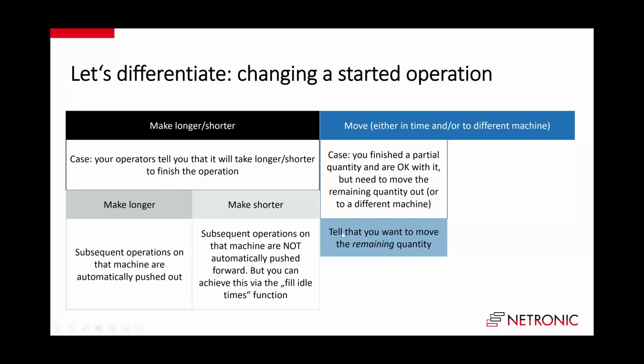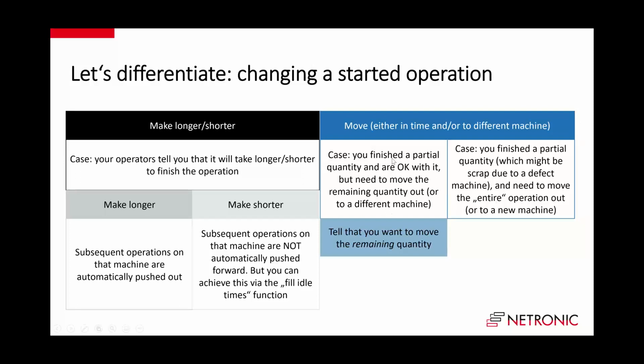In that case, we need to tell the software that we want to move just the remaining quantity, because we are okay with what was finished. So we built 200 pieces out of 1000. They are okay. They get shipped to the customer. And now we need to tell the system that the remaining 800 should be done at a later point of time, at the same or a different machine.